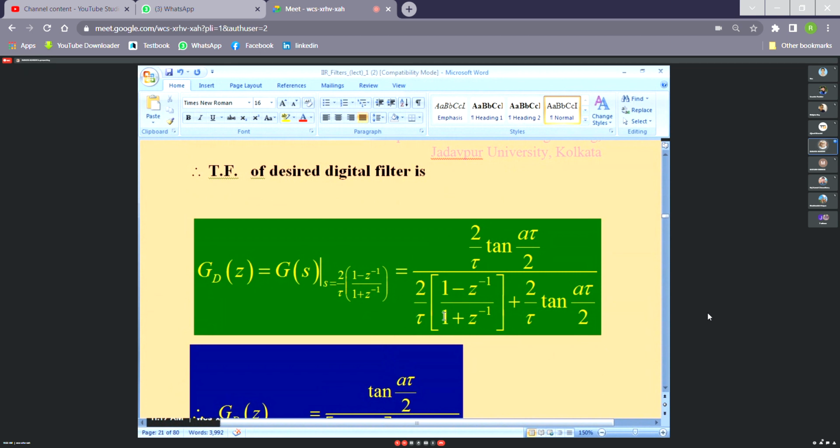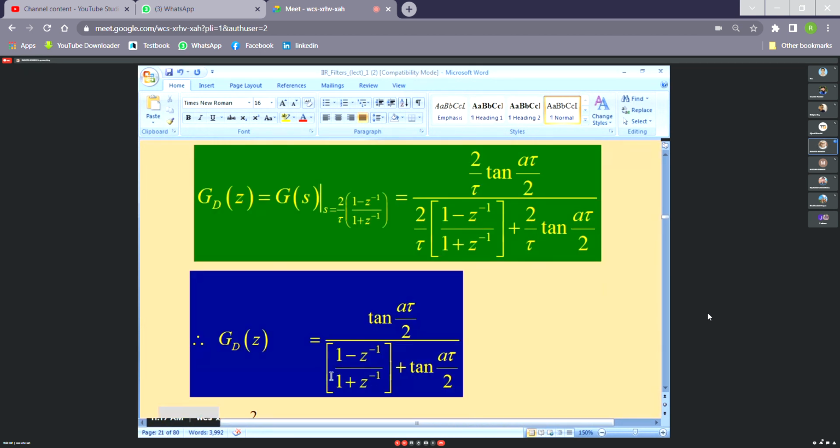In this term, the 2 by tau term has come in. Why has it come in? It is because of the bilinear transformation relation that has been substituted here. So all these 2 by tau terms will cancel out. So G(z) will come out as tan a tau by 2 divided by 1 minus z to the power minus 1 by 1 plus z to the power minus 1 plus tan a tau by 2.